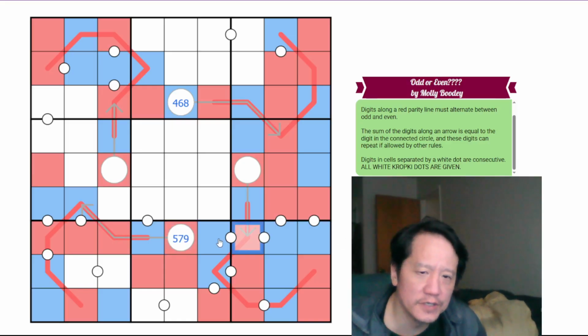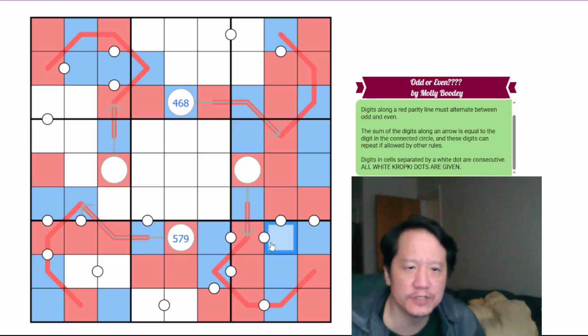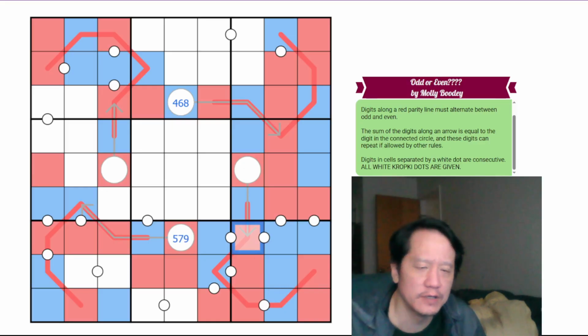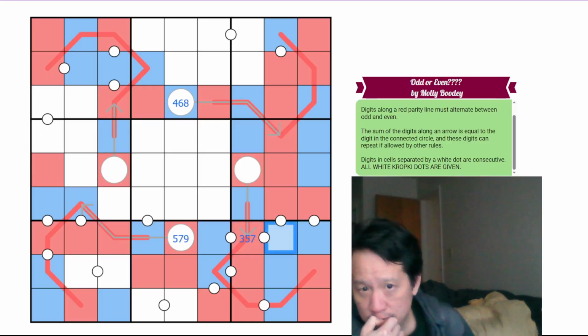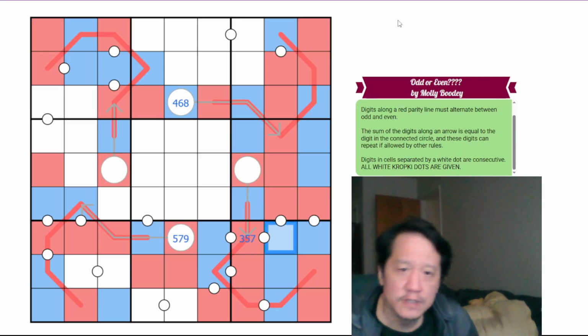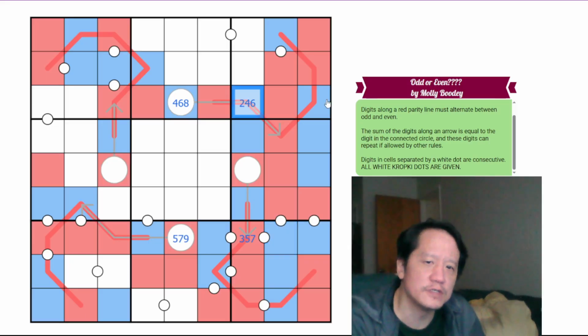This digit is consecutive with 2 other digits, so this cannot be 1, and it's odd. It has to be 3 or 5, or 7, I guess. This is 2, 4, or 6 here.